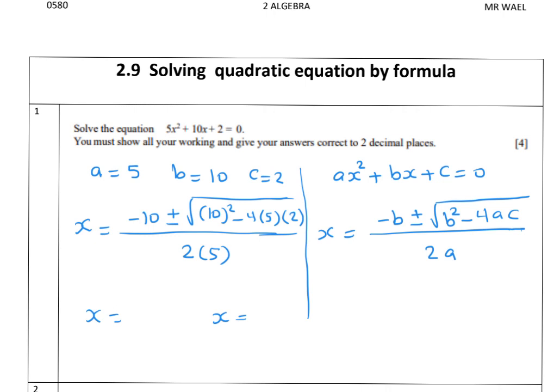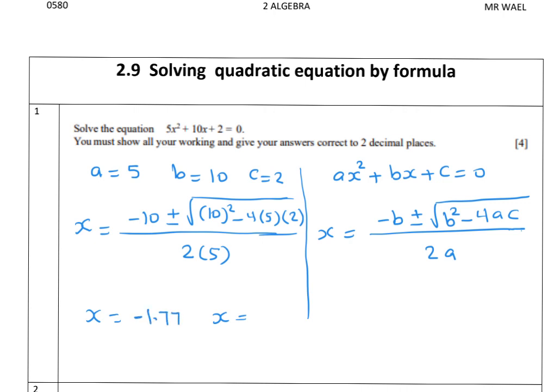Use mode 5 3 and enter a, b and c. A is 5, b is 10, c is 2, then equals. This is the exact value. I need the answer correct to two decimal places, so press S-D. So negative 1.774. If we round to two decimal places, this will be negative 1.77.